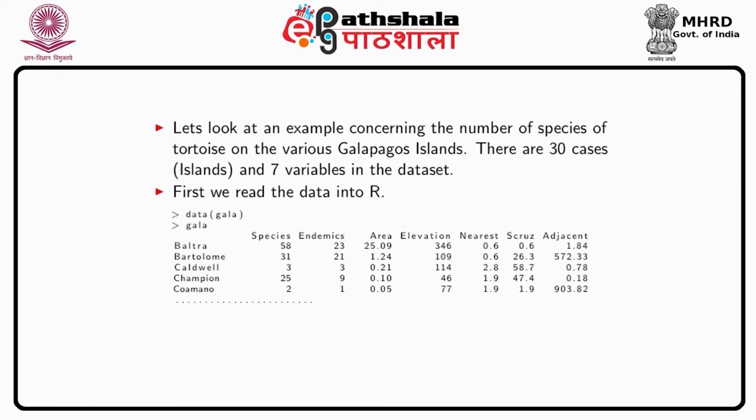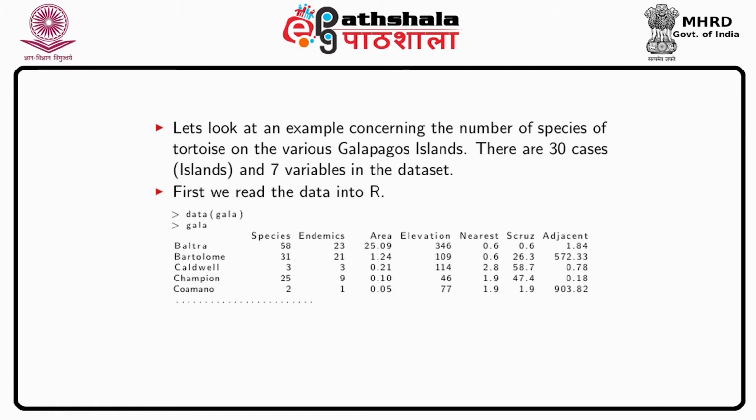Now given that we want to fit such a model, let us look at an example concerning the number of species of tortoise on the various Galapagos Islands. There are 30 cases, as in there are 30 observation points, and there are 7 variables that have been measured. So first, when we read the data into R, we can see what the data set looks like.